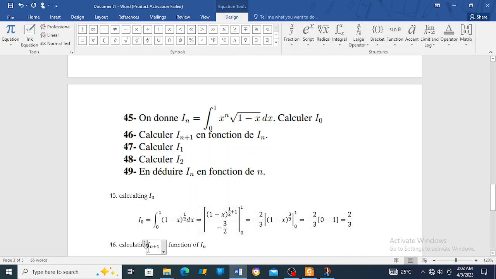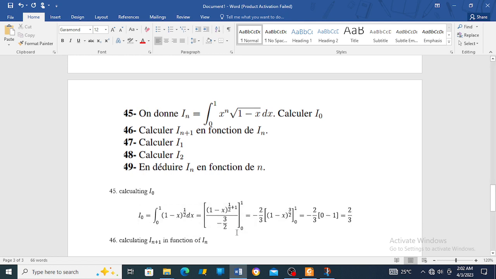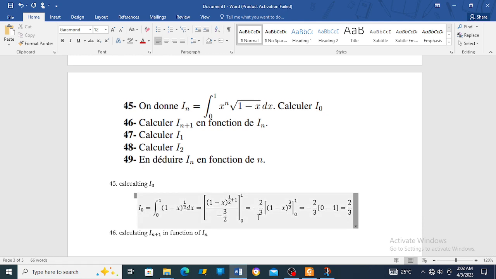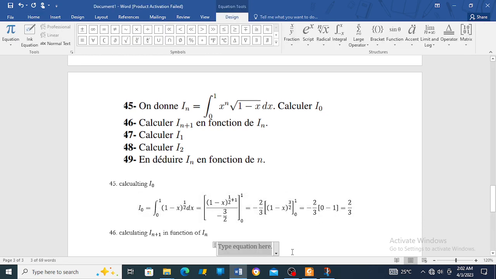Alright, so we are going to go via integration by parts to do this. So we are going to begin with letting u to be x to the power n. Okay, what does this mean? It means that our du will give us x to the power n minus 1. We multiply it with n times dx.